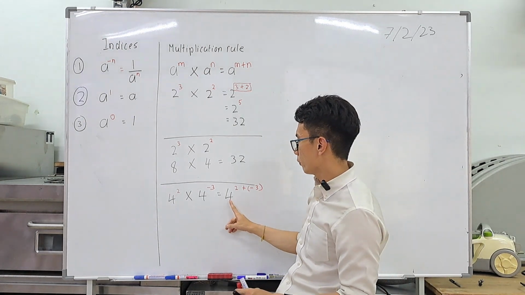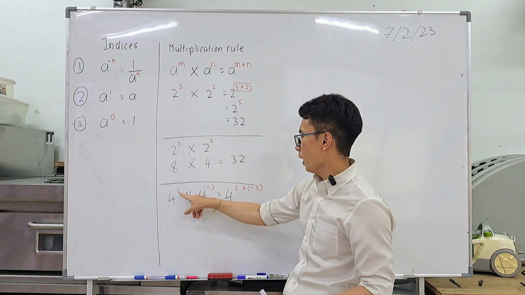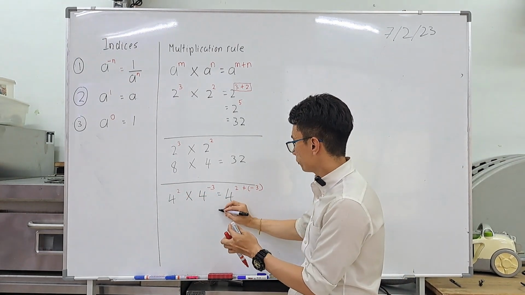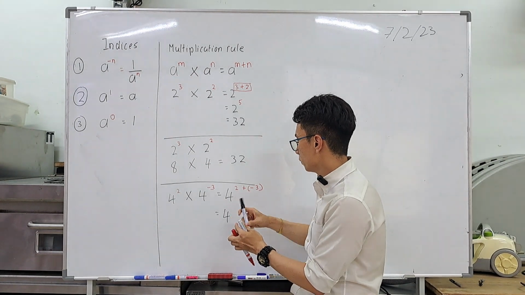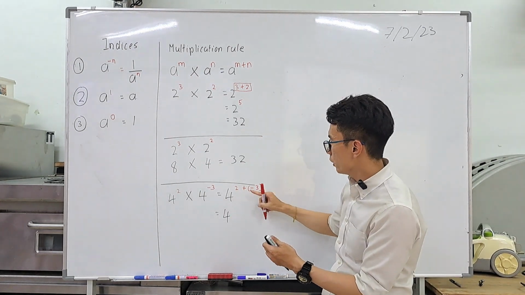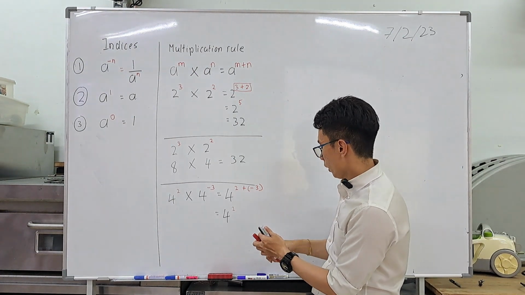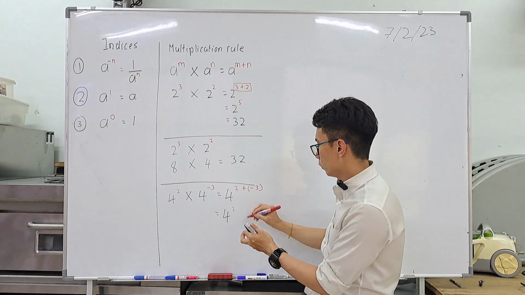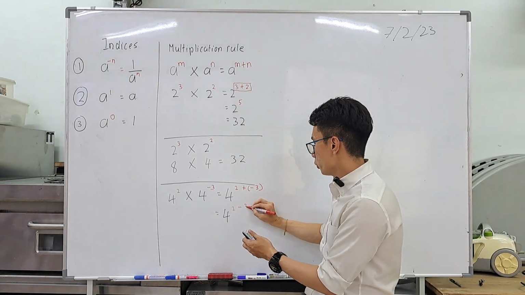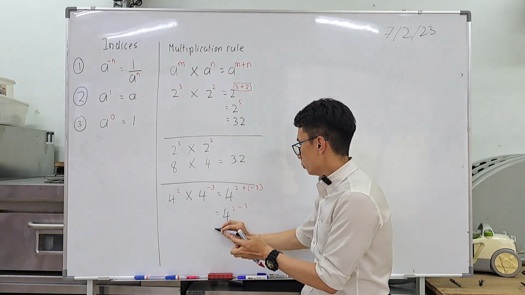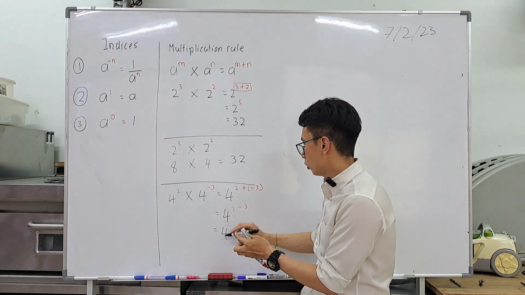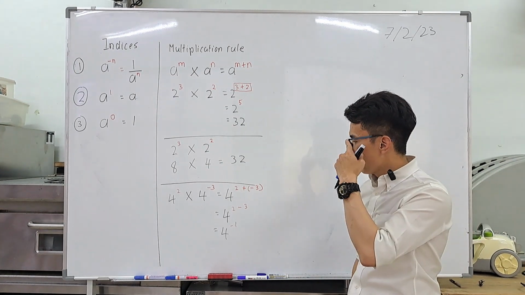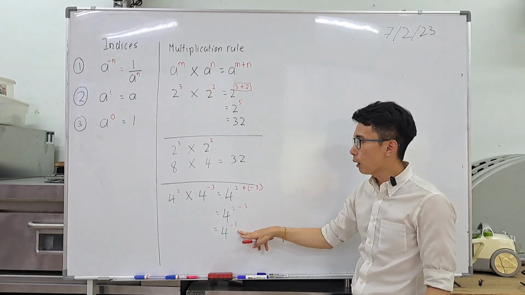Again, if I have the same base, I can add up the powers. So as a summary, I have 4 to the power of 2, and the plus and the minus here convert to minus 3. My final answer is 4 to the power of negative 1.